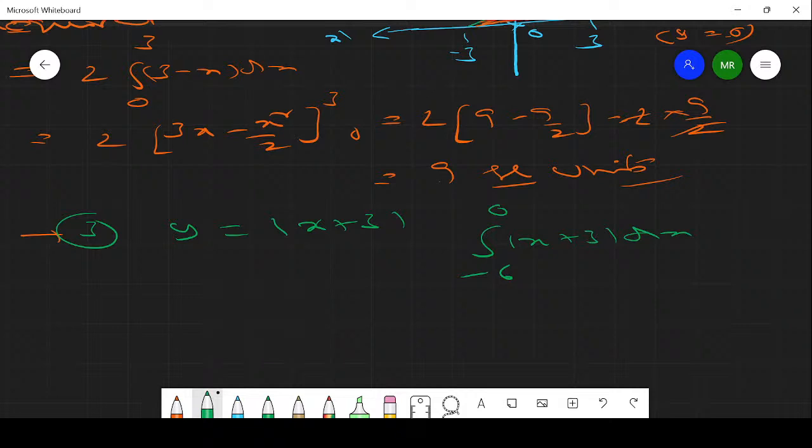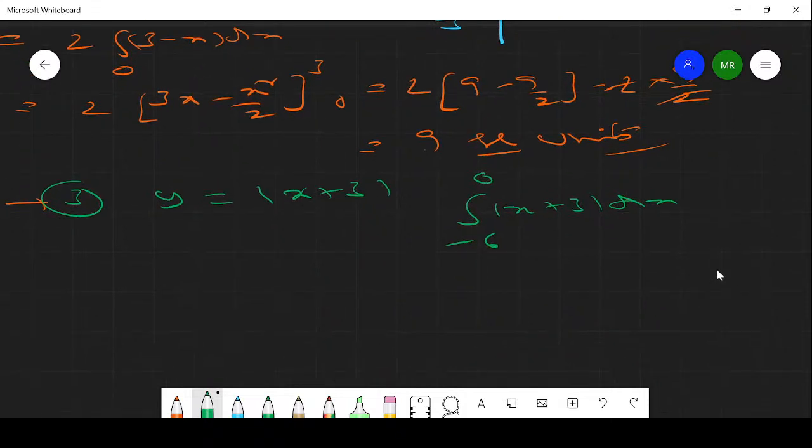I'll repeat: sketch the graph of y equal to mod x plus 3, and from that evaluate the integral minus 6 to 0 of mod x plus 3 dx.